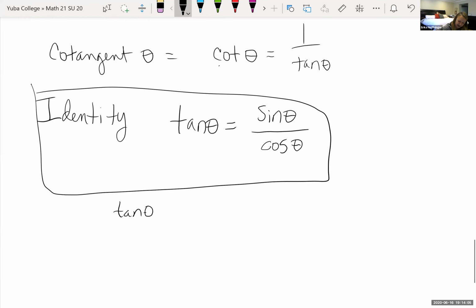So tan theta is equal to sine theta. Sine theta was opposite over hypotenuse, so O over H, all divided by cosine.